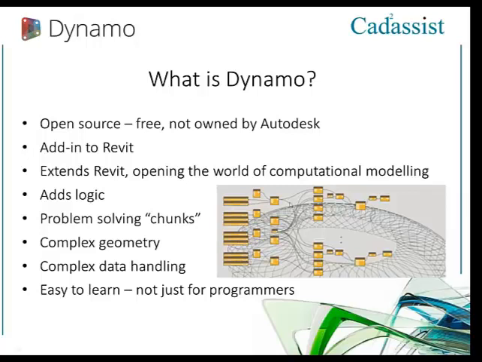This is a diagram of a Dynamo script, and all these little boxes are little chunks of intelligence, logic, decision-making, if you will, that when you string them together allow you to create very powerful applications for handling complex geometry and complex data.